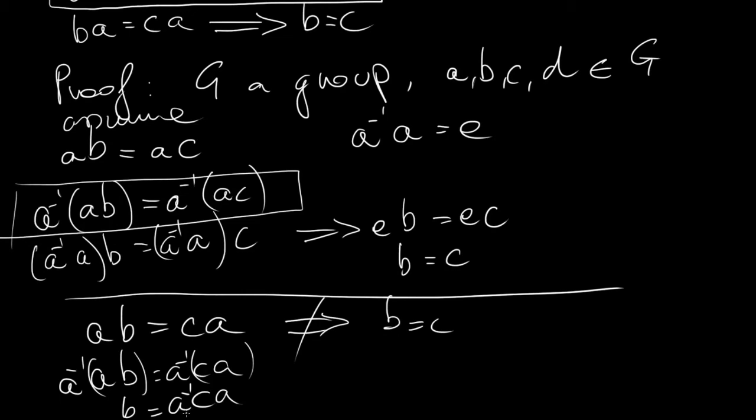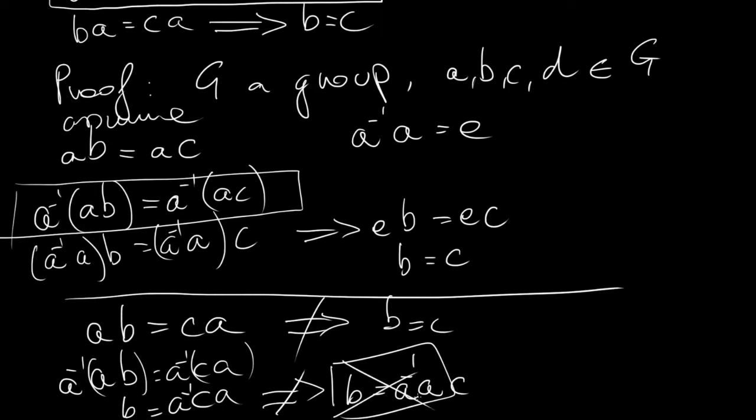I cannot do it because in this group, unless it's specified, I cannot assume that I can commute the elements. So this does not imply that B equals C, this doesn't follow from this.